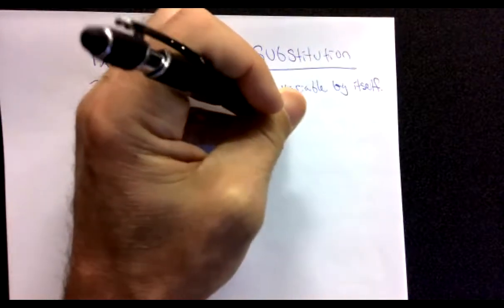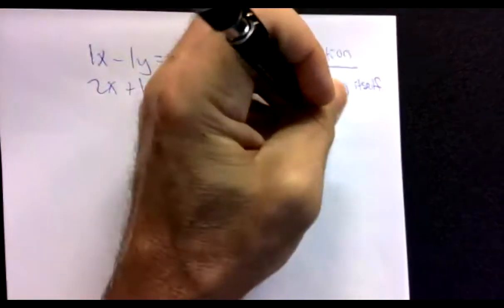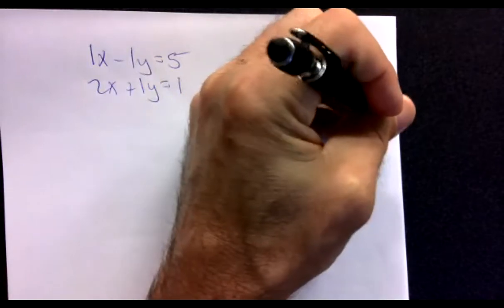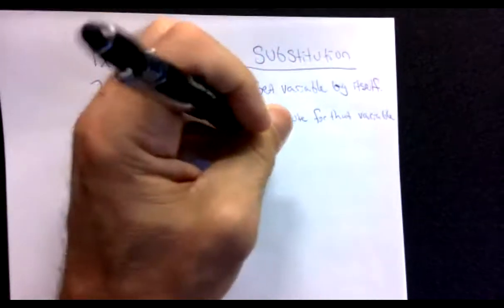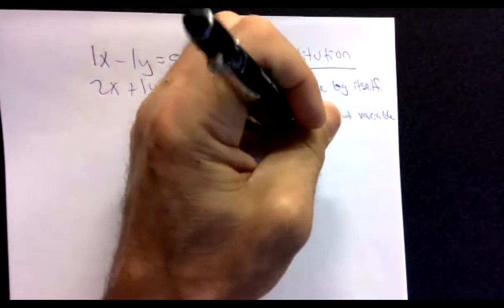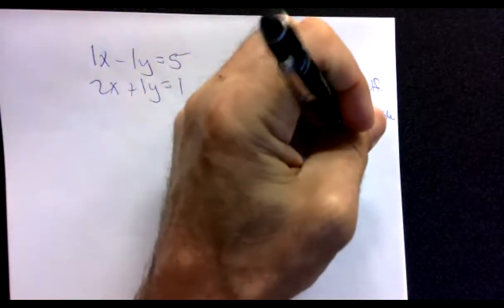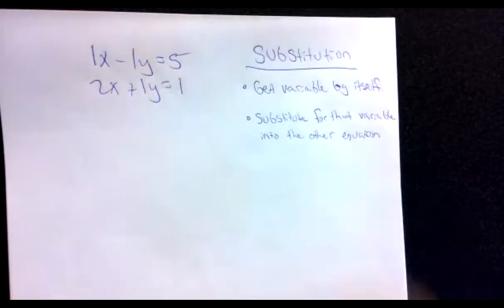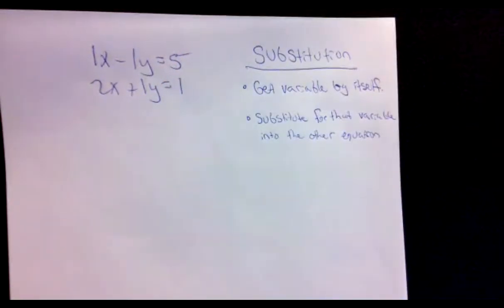You're going to substitute for that variable into the other equation. This will make more sense again when I walk through the problem. But you're going to get a variable by itself, and you're going to substitute into the other equation.